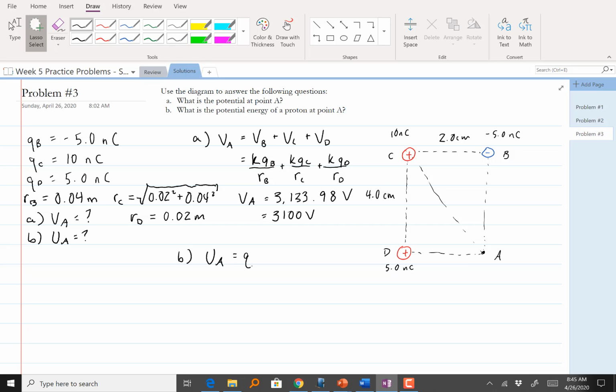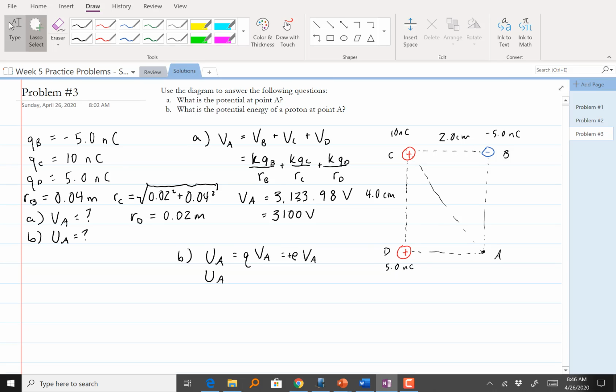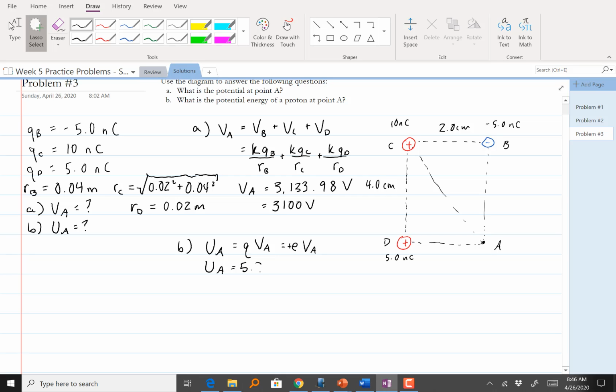And I'm going to multiply that by the voltage that I just finished calculating at the point A. And so writing this another way, I'm going to do that positive fundamental charge, 1.6 times 10 to the minus 19 coulombs, times what I calculated in the last part, again including all of those significant figures, and I'll get my final answer for the electric potential energy at A, and that will be a value of 5.0 times 10 to the minus 16 joules.